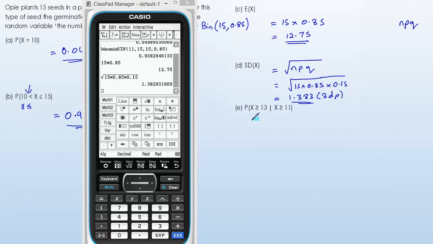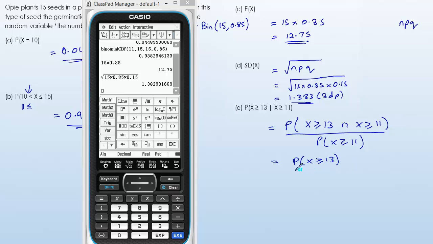Now we want the probability that x is greater than or equal to 13, given that x is greater than or equal to 11. This is a conditional probability. So we need the probability that x is greater than or equal to 13 and x is greater than or equal to 11, divided by the probability that x is greater than or equal to 11. Now clearly the top, if it's greater than or equal to 13 and greater than or equal to 11, that's just the same as having greater than or equal to 13.